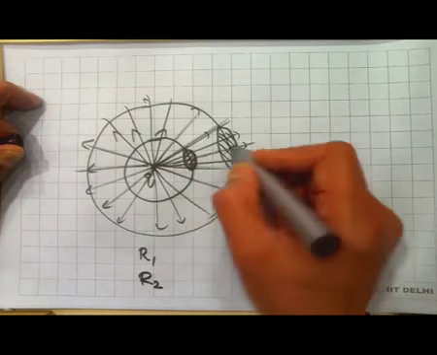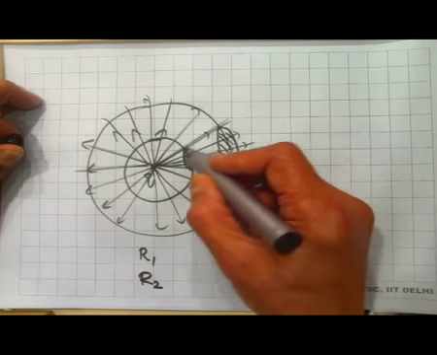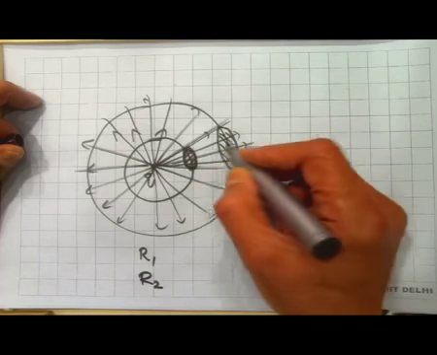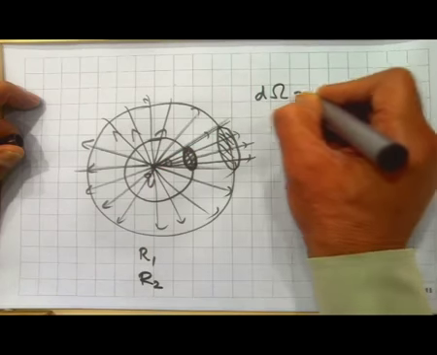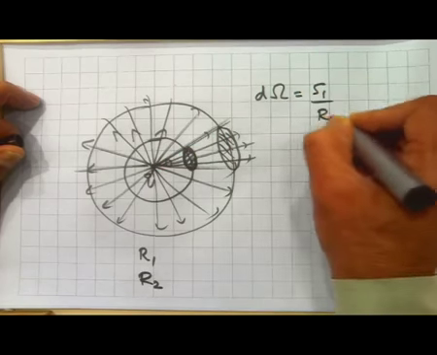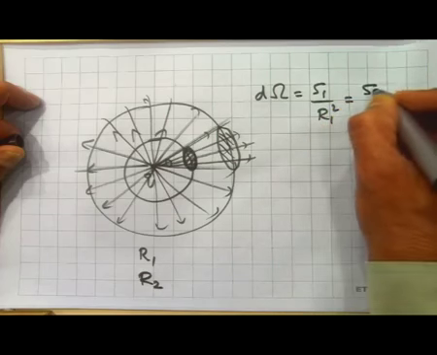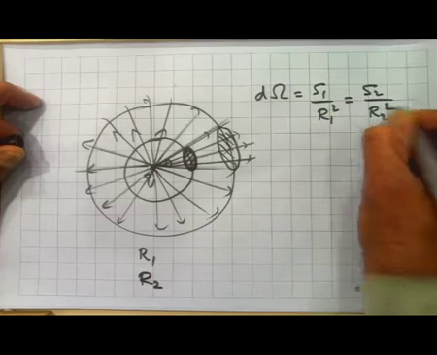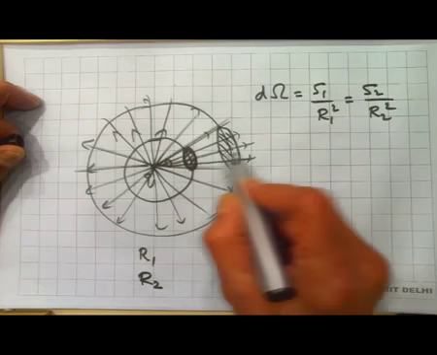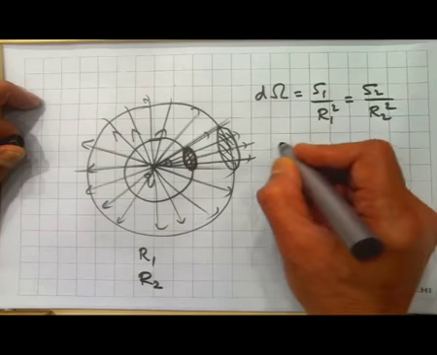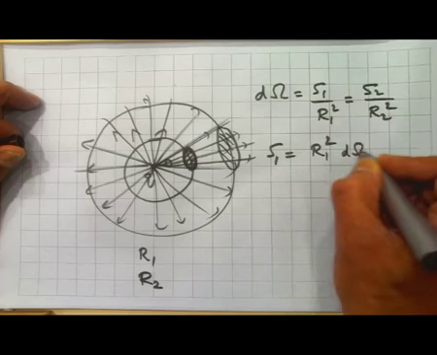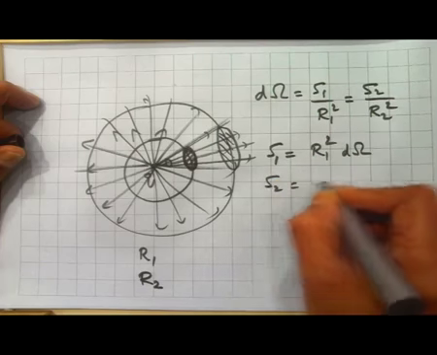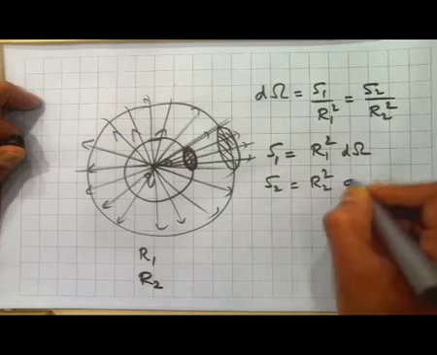So, the area is increasing, because d omega, the solid angle here, is S1 by R1 square, which is equal to S2 by R2 square. So area S1 is equal to R1 square times the solid angle d omega, and S2 is equal to R2 square times the same d omega.